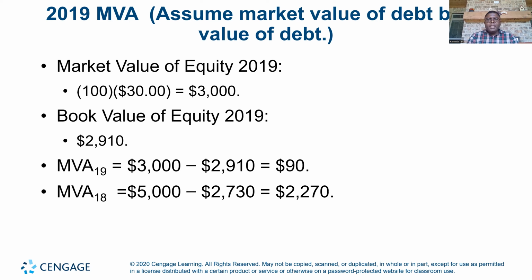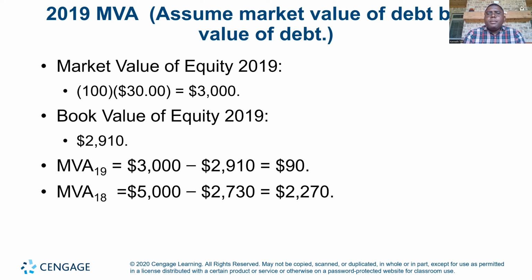So those are the three performance measures. In this chapter, our assignment is basically to understand the three major financial statements, starting with the income statement. It shows the performance of the company for a particular period of time.